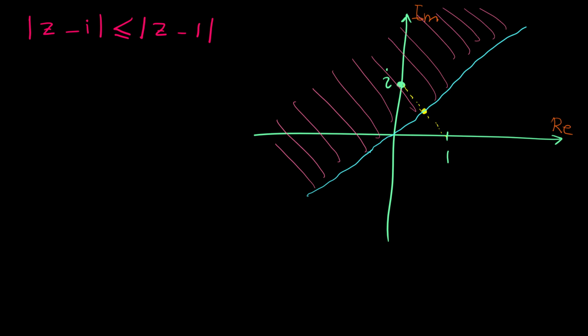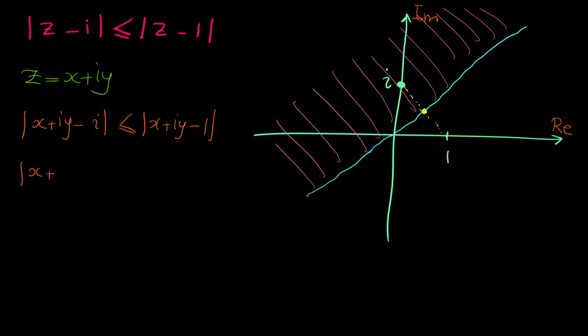Now let me show you how you can get this answer with the other method. Again, similar to the previous question, we suppose z is x plus iy, and we substitute this in the equation. We have the absolute value of x plus iy minus i less than or equal to the absolute value of x plus iy minus 1. We group real parts together and imaginary parts together.